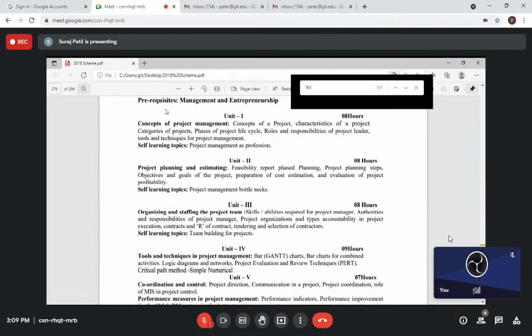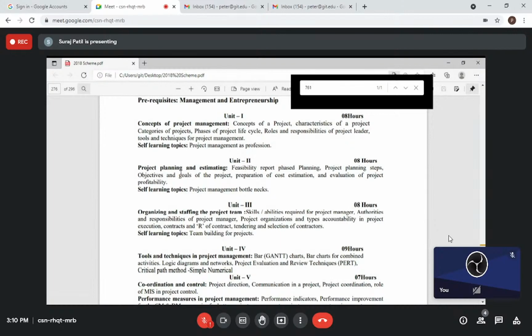The planning of projects we are going to study in the very first unit, that is, concept of project management.